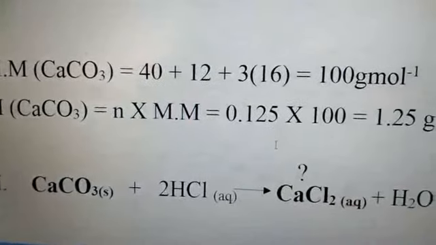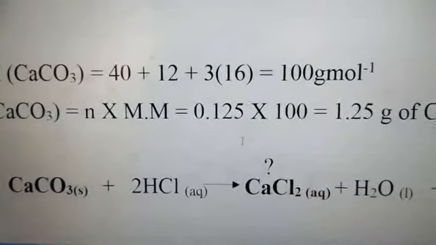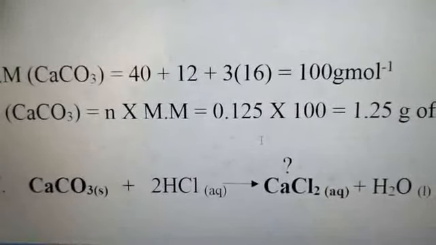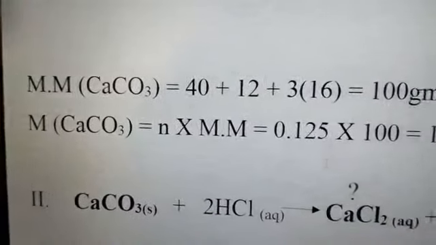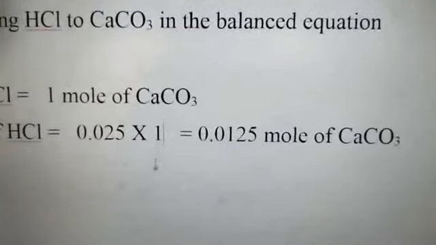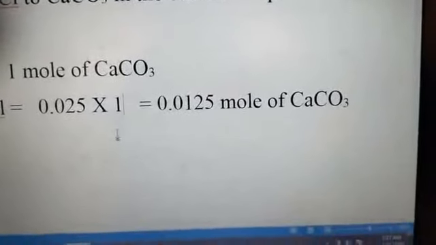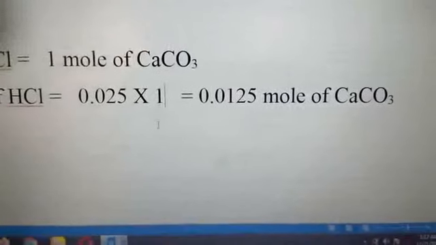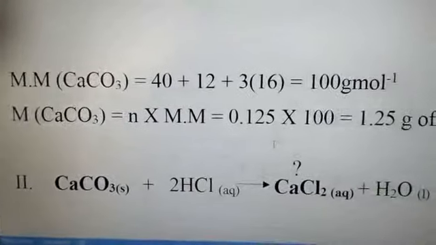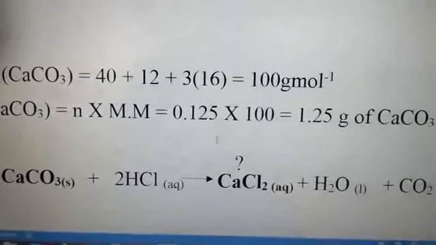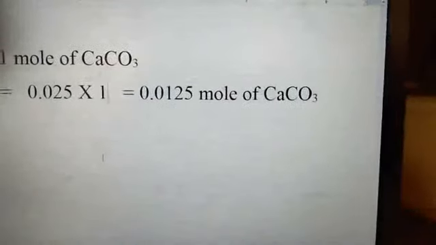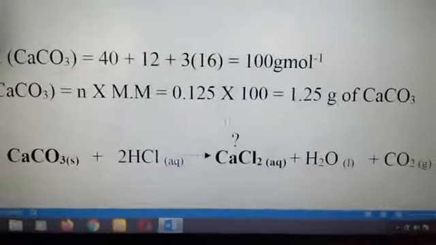Then the molar mass of calcium carbonate is calculated. Calcium is 40, carbon is 12, adding them together, then oxygen is 16. Multiply by 3 because of 3 atoms, that gives you 100 grams per mole. So we need to convert that 0.0125 of the marble to mass, since we're looking for the mass of the marble in the eggshell. So we use mass equal to mole times molar mass, that is 0.0125, not 0.1, 0.0125.